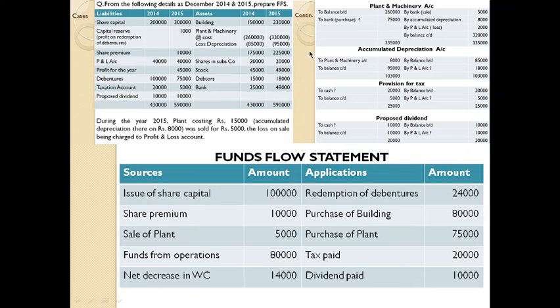So we have taken almost all the amounts, and now you just go through the totals of both sides. Usually you will get a tallying amount. If there is any difference, it may be due to some computation mistake or careless mistake. If you take the total, you will get the same amount.